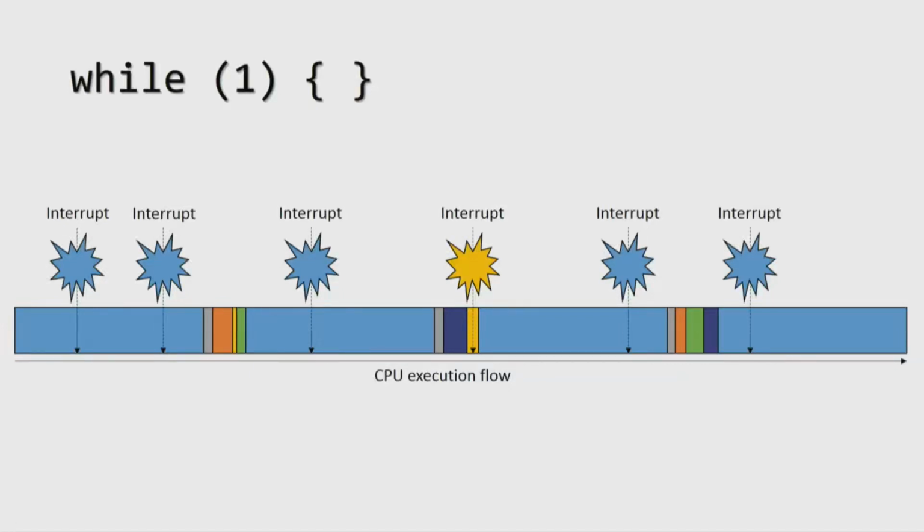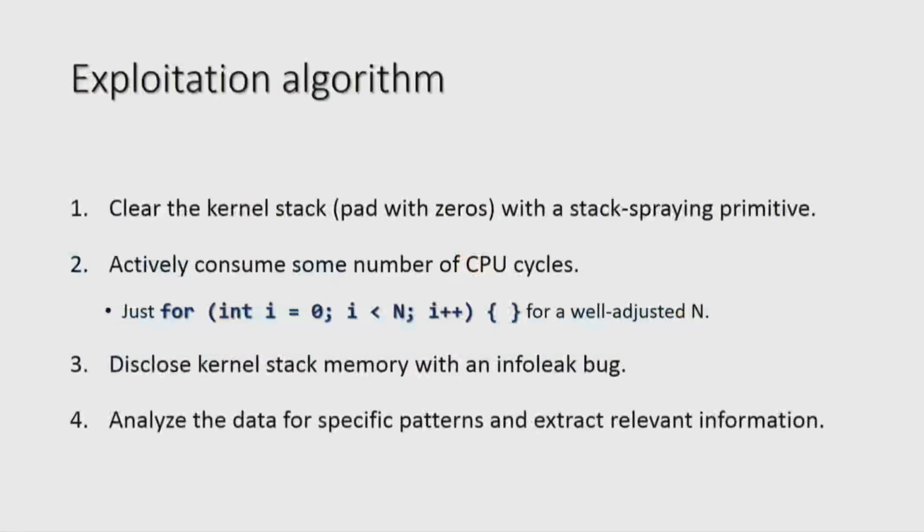Here in this example, we have 6 interrupts, and 5 of them occurred within the execution context of the thread that we're controlling. So the exploitation algorithm for that would be to clear the kernel stack first, meaning padding it with 0 using a stack spraying primitive that I talked about before. Then try to consume some number of CPU cycles, which is very simple. We just run a very long loop.